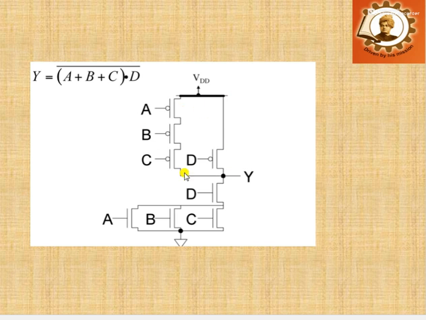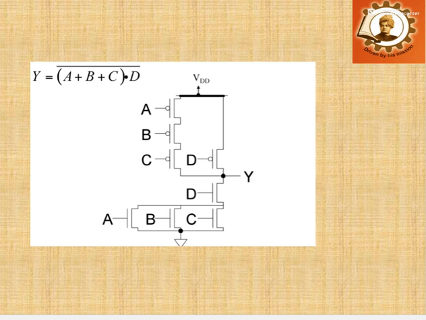Then the final stage is that we connect our pull up network and pull down network, and from the junction of the pull up network and pull down network we will get the output of that expression, and that is the value of y. So we can get the exact value of that Boolean expression at that output with the combination of A, B, C and D.